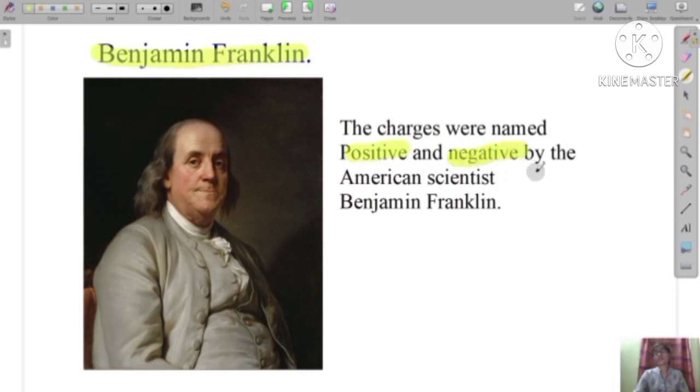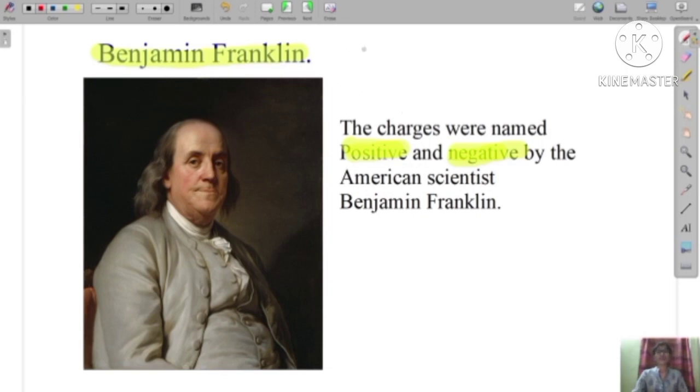Then you may get a question that how did he name a particular charge positive and a particular charge negative. We are going to see some examples or illustrations to know why the charge is named particularly as positive and why the charge is named particularly as negative. That is what we are going to study. But remember that Benjamin Franklin is the scientist who named the charges positive and negative.